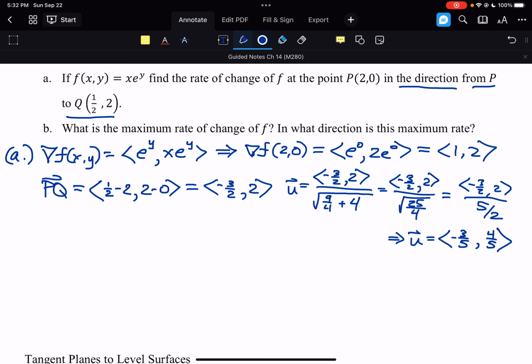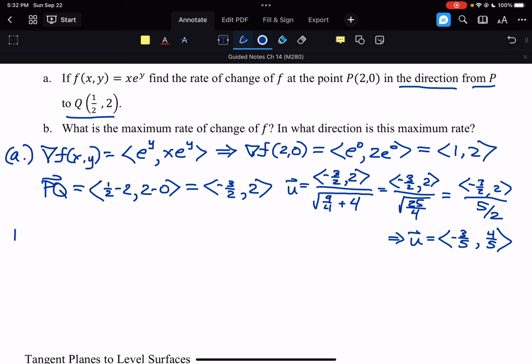So that would be our unit direction vector. So it's pointed the same direction as this one, but it has a length of 1. And if you're not entirely sure that you did it correctly, you can always go back and find the length of this new vector, and you will see that its length is 1, and so we can use it.